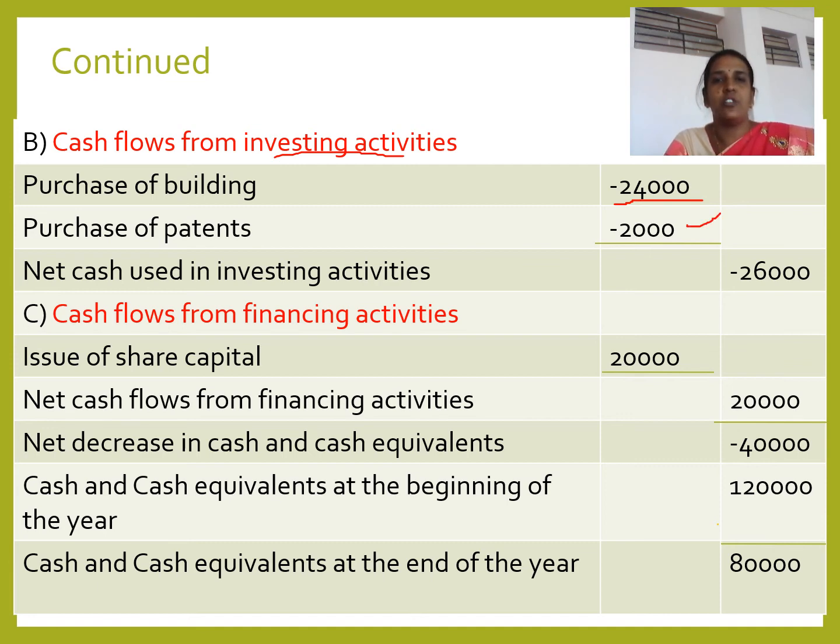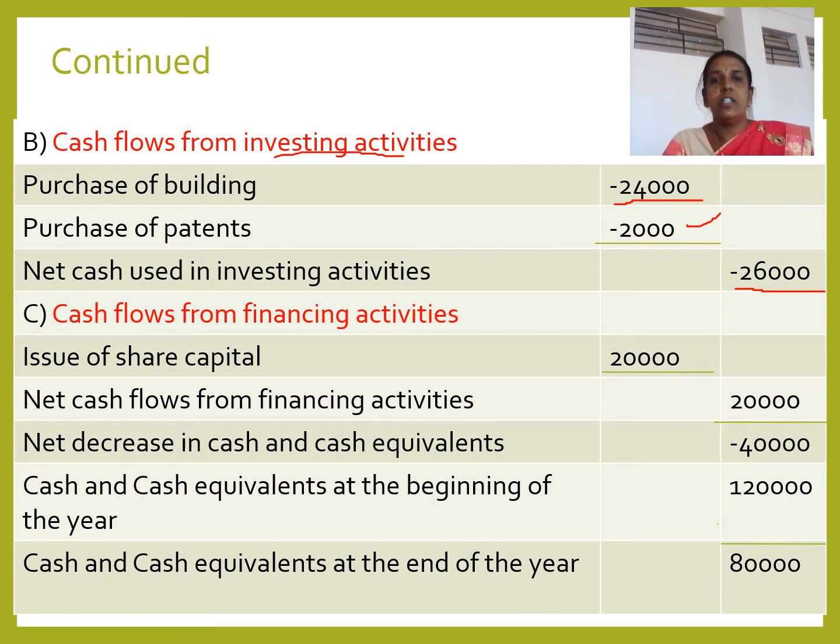So net cash used in investing activity is rupees minus 26,000. If there was an inflow of cash from investing activities, that would come with a positive sign. But in this problem only outflow of cash is there, so it amounts to rupees 26,000.